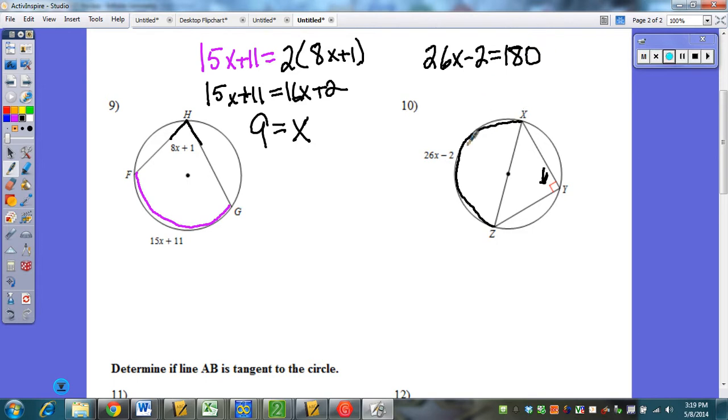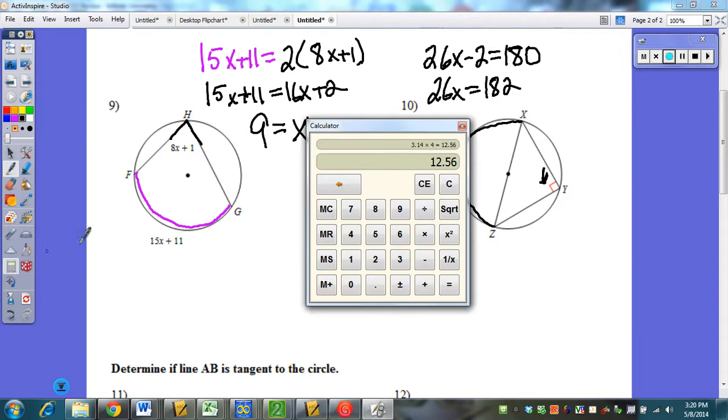We know that from the arc. We also know that the arc is twice the angle. If the angle is 90, then that equals 180 for twice. So we have 26x equals 182. So then we have 182 divided by 26, and that gives me 7.